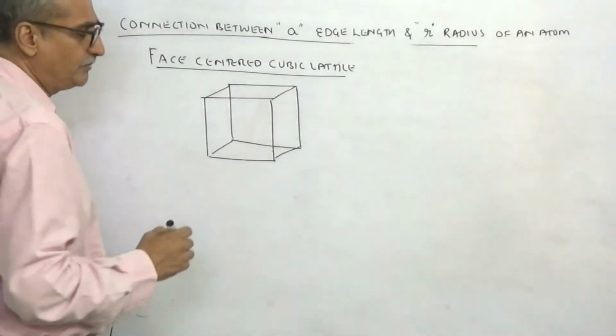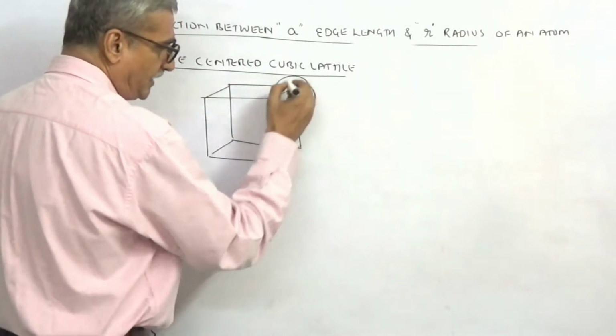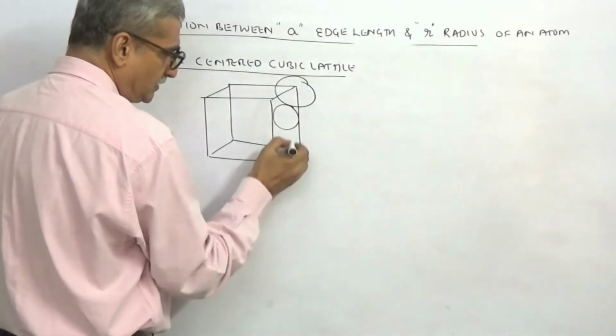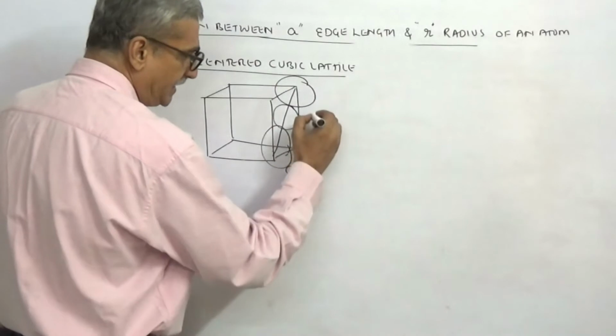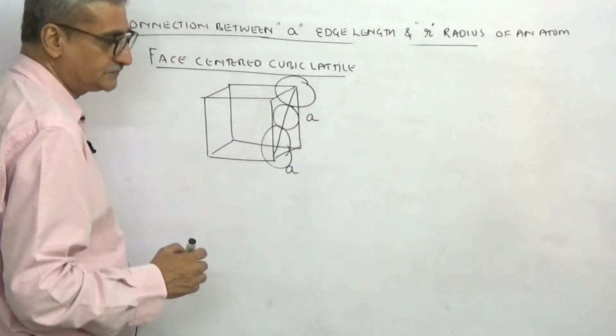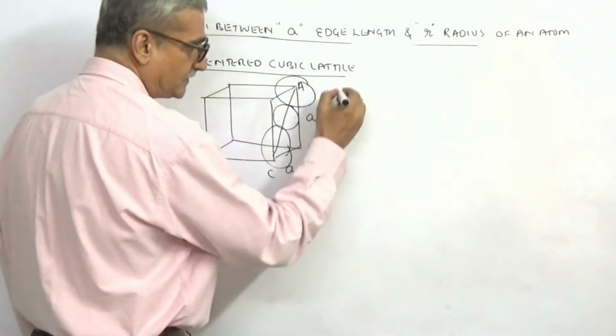In face centered cubic lattice we have, ye dekho, 1, 2 and this fellow 3. So this is A, this is A. So let us say this is triangle ABC.